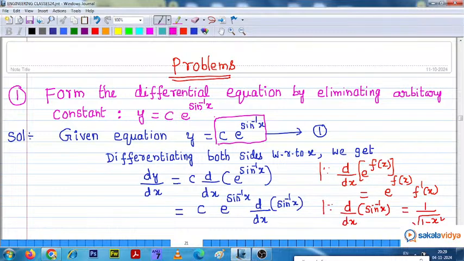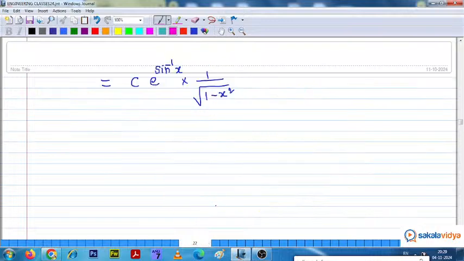So, c times e power sin inverse x is replaced by y. Now in place of this one you can replace y. So, we have dy by dx is equal to y times 1 upon under root of 1 minus x square.